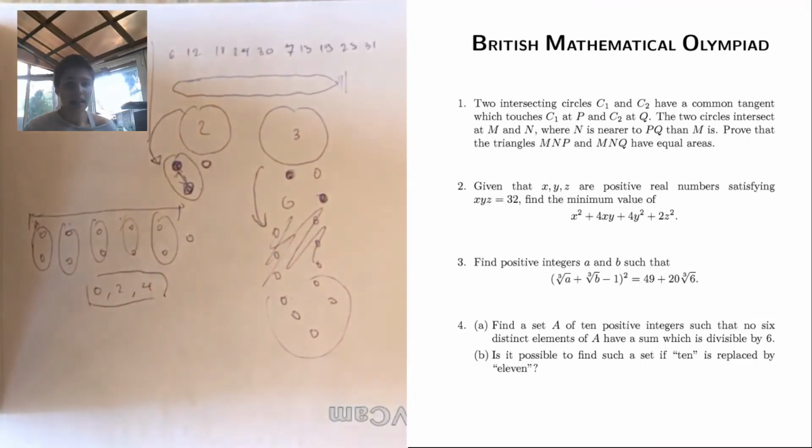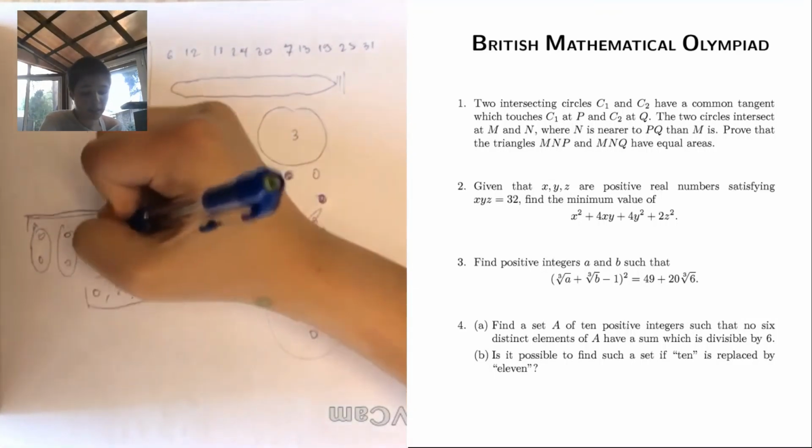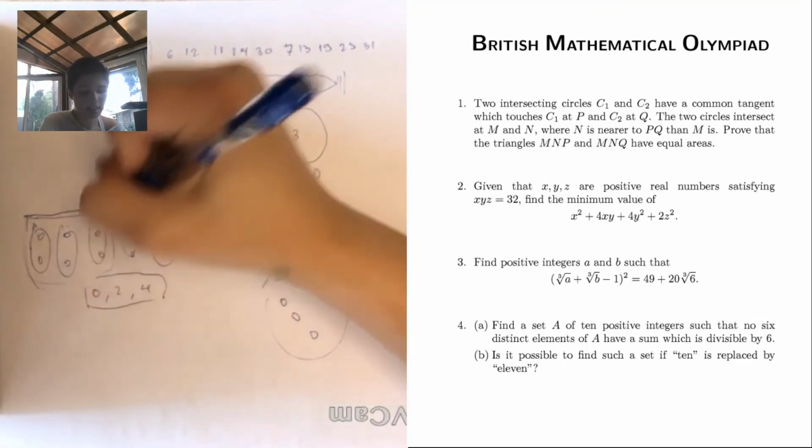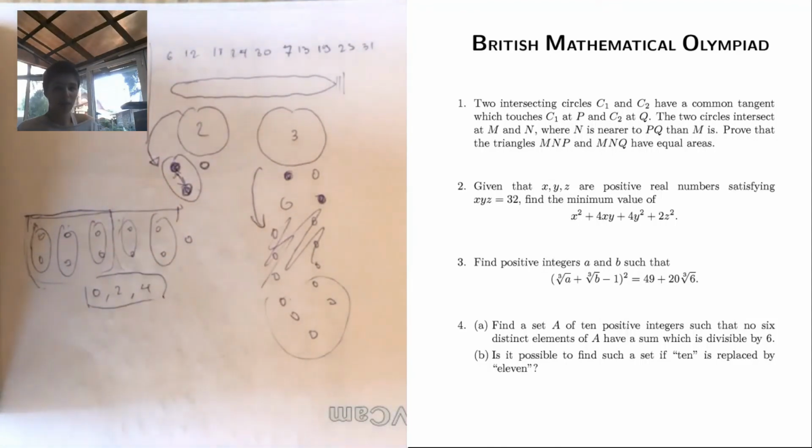And let's look at the different situations that arise. If there are 3 pairs that have the same sum mod 6, so if there's 3 that are 0, 3 that are 2, or even 3 that are 4, everything's good, because you can take these 3 pairs and you'll get 6 numbers that sum to 0 mod 6.